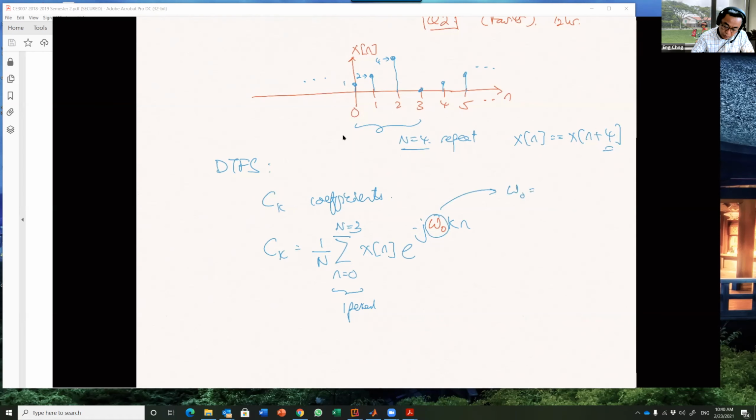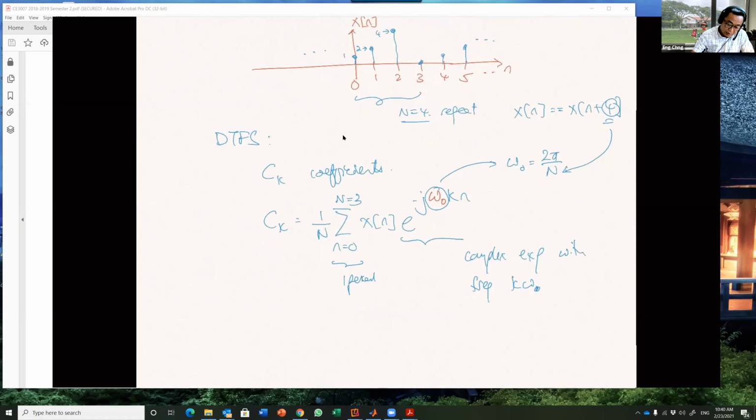Omega naught is equal to 2 pi over big N. And what is N? This is the N. And you realize that what Fourier says is this: all we need is complex exponential, a complex exponential with frequency k omega naught, to reconstruct our signal.